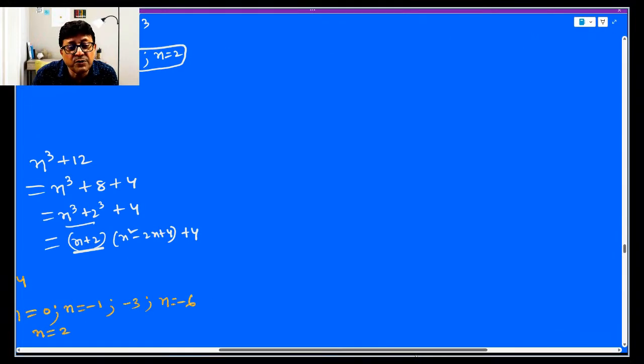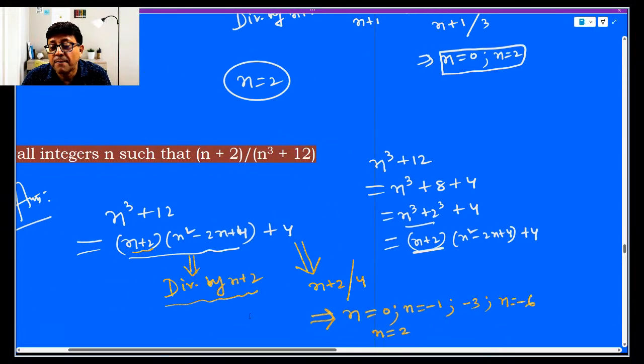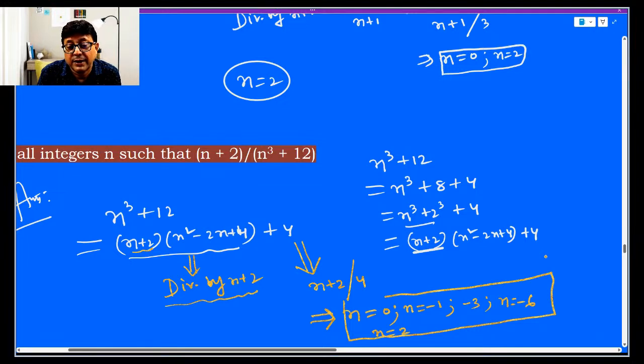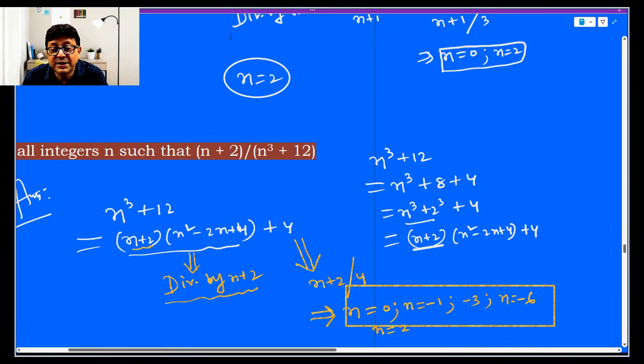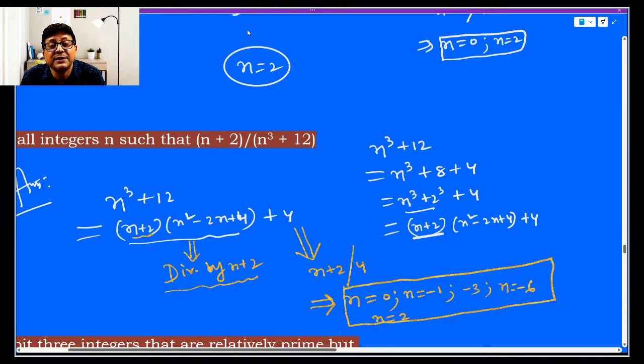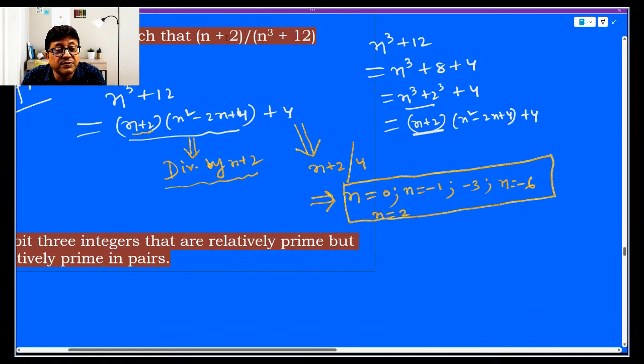Any other positive value possible? No, because it will be more than 4. It cannot divide 4. Isn't it? So these are the integers I got here when this n plus 2 will divide n cube plus 12. Let us go for the next one.